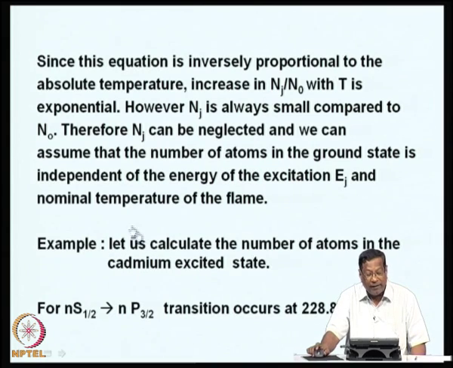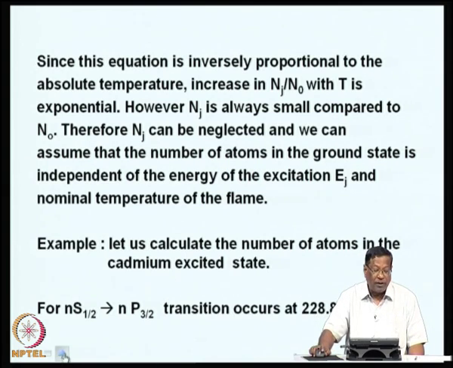So, using this expression we can determine the number of atoms in the excited state. Let us calculate the number of atoms in the cadmium excited state. For this, the transition is ns 1/2 goes to np 3/2, and this transition occurs at 228.8 nanometers.